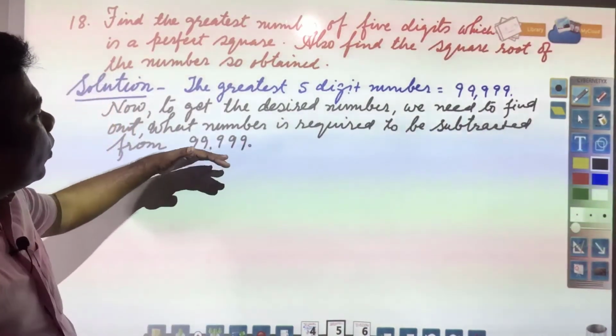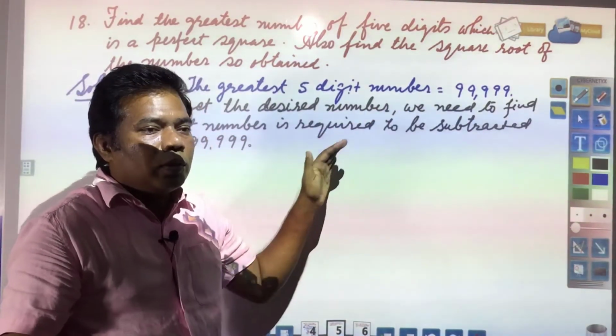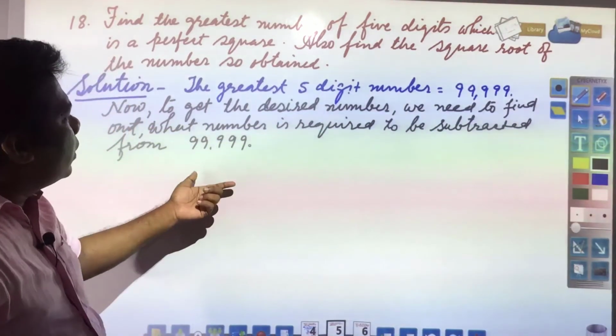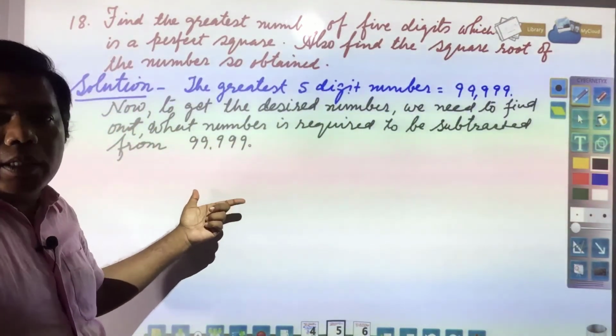We need to find out what number is required to be subtracted from this, so that we will subtract that number from this and we will get the desired number.